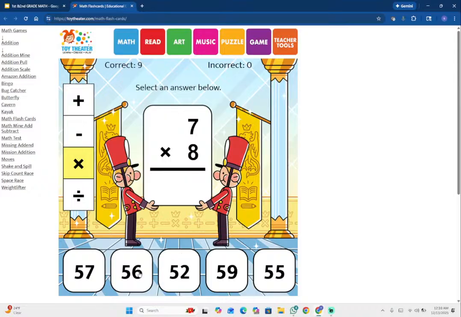So if we do the same thing we did on the first question, you should get 56.